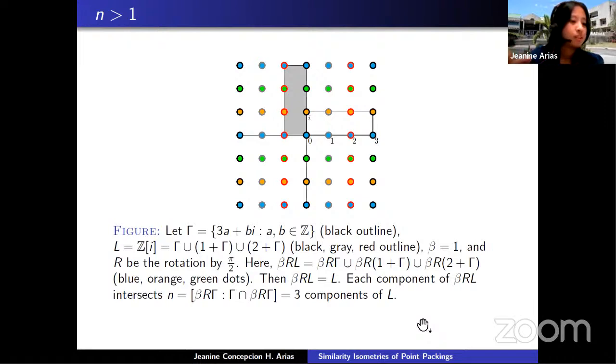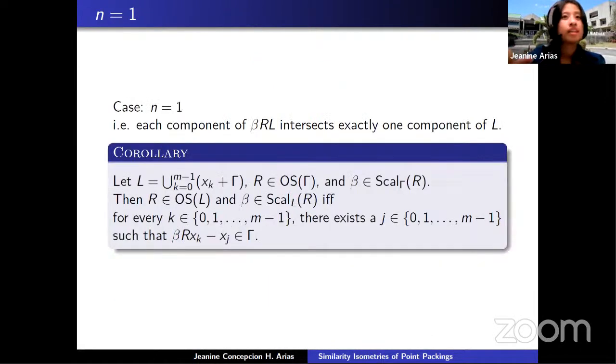Let us now look at the case when n equals 1. In this case, each component of beta RL intersects exactly one component of L. A sufficient condition for n equals 1 is when beta is in big skull gamma.